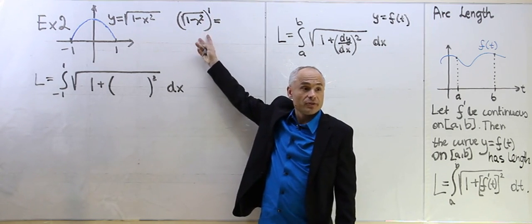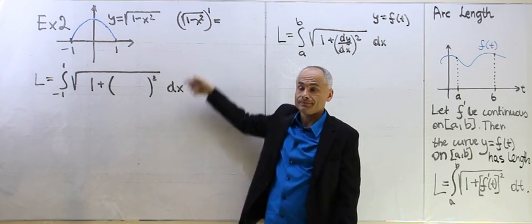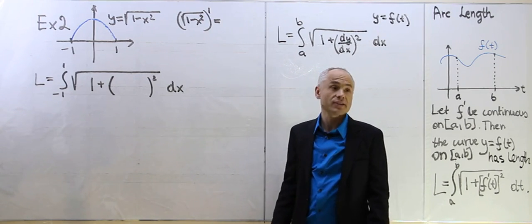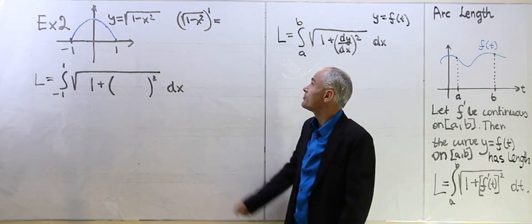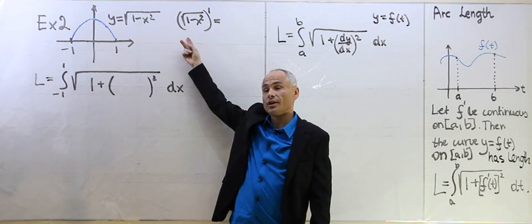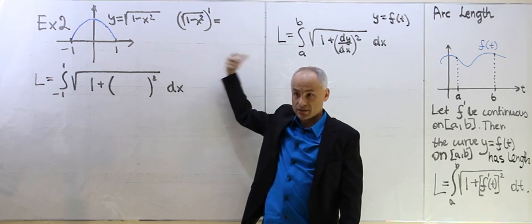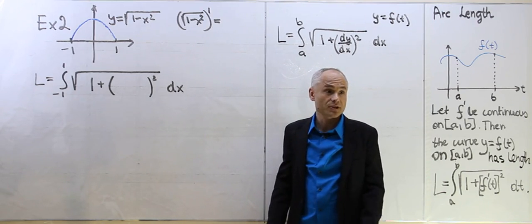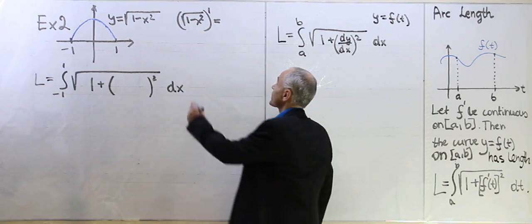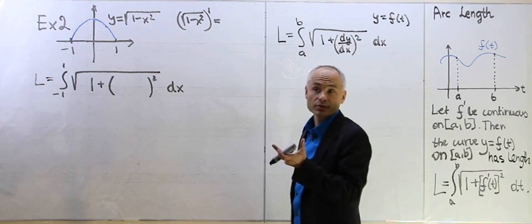How do we get the derivative of the square root of 1 minus x squared? We apply the chain rule. So here we have a composition. We have the composition of x goes to 1 minus x squared, and then we take the square root of that. So the outer function is the square root function. What's the derivative of the square root function?